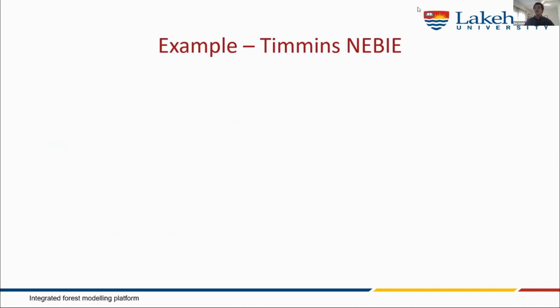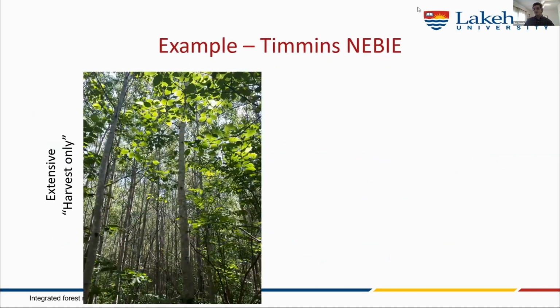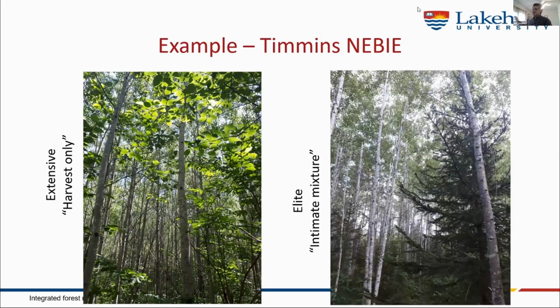So what this looks like, again, this is a boreal mixed wood. It was about 50% spruce, 50% aspen at the time of harvest. And after 20 years, this is what harvest only looks like. It is essentially an aspen monoculture. There is the odd birch that has managed to survive, but generally speaking, it is just an aspen monoculture. On the other end of the scale, this intimate mixture where we still have an aspen canopy. We're still getting those wonderful ecosystem services that a nice high canopy provides.